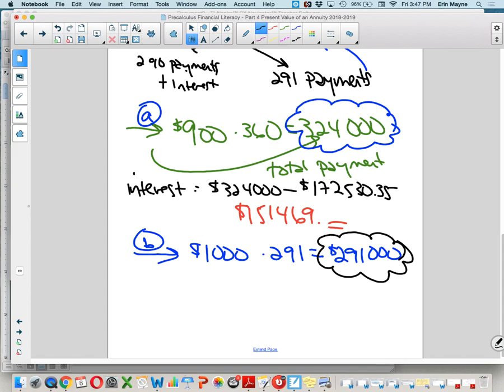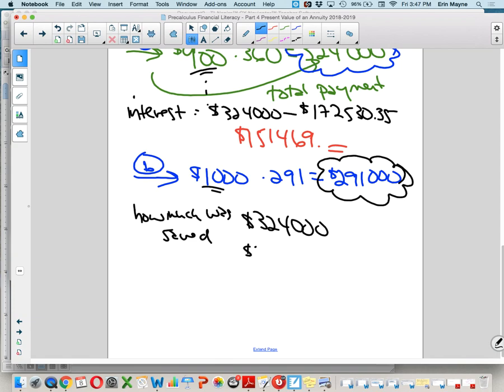So just as a little bit of a preview, and then we're going to wrap this up so you can work. This gives you a preview into a question that would sound like this. How much was saved by changing your payment from $900 to $1,000? Well, if originally I would have paid $324,000 and now I only have to pay $291,000, that is good news because I just saved $33,000.